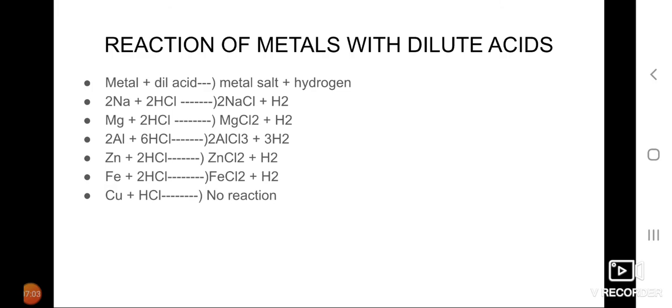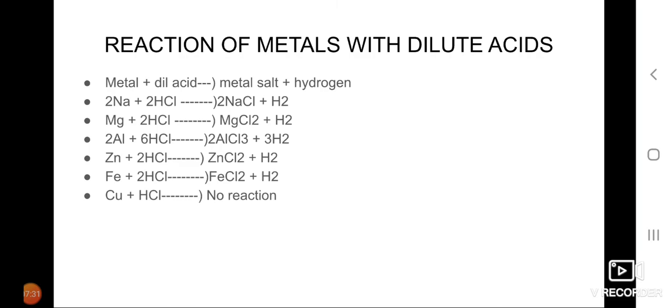Zinc reacts with dilute hydrochloric acid to give zinc chloride and hydrogen gas. This reaction shows that zinc is less reactive than aluminium. Iron reacts slowly with cold dilute hydrochloric acid to give iron chloride and hydrogen gas.